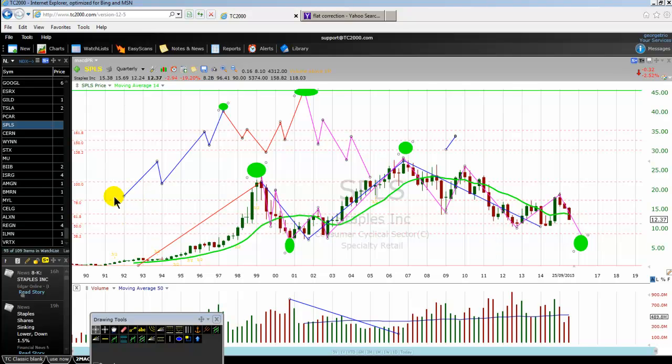So this is the multi-wave 1, 2, 3, 4, 5. If we apply the Fibonacci extension from here to here across the multi-wave, we will notice that the B session of the flat correction very often will propel the price into the 138% Fibonacci extension zone.